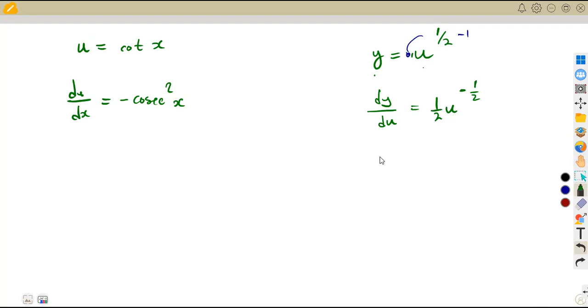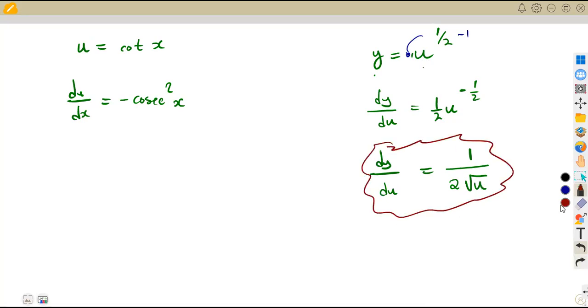So you can write this in simplest form. Remember, an exponent of a negative means 1 over. So you're going to have 1 over u to the exponent of a half, and we know that u to the exponent of a half means the square root of u. So that is the simplification that we can leave in terms of the derivative of y with respect to u.